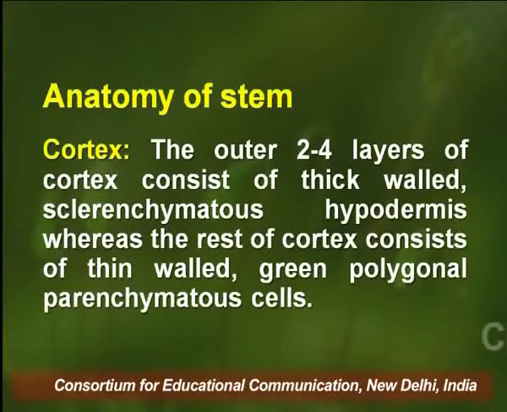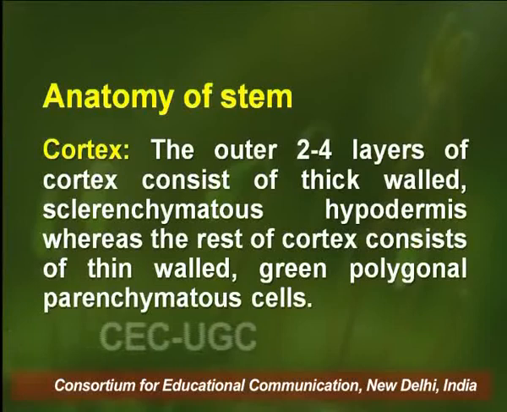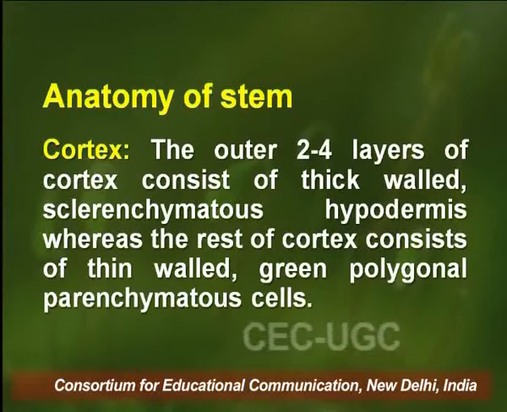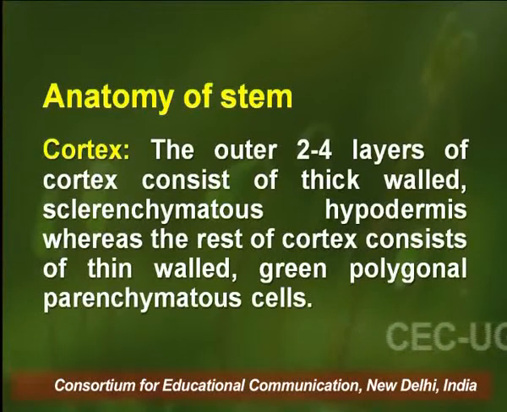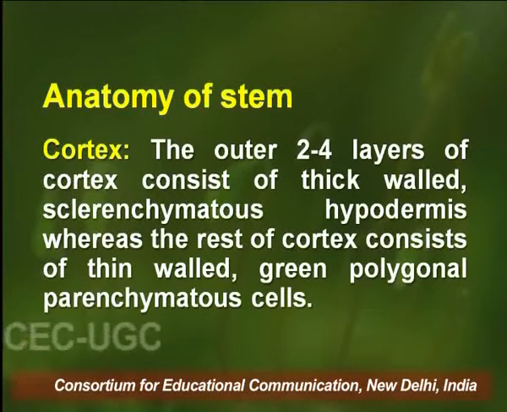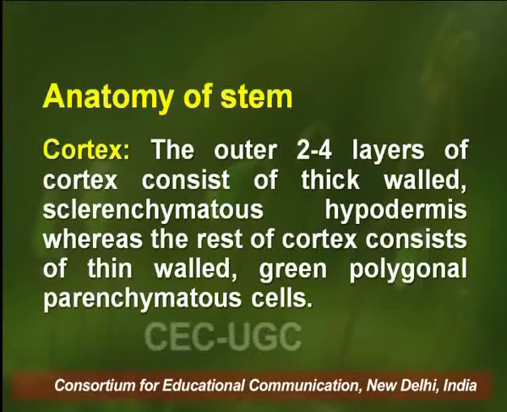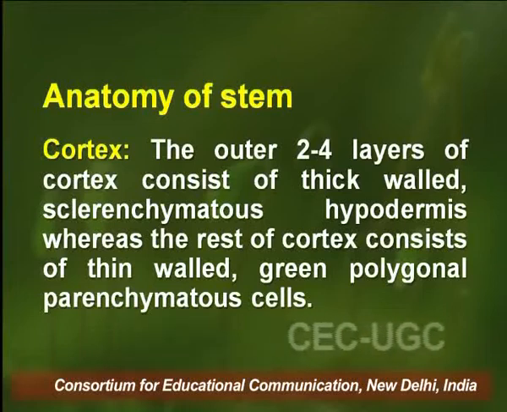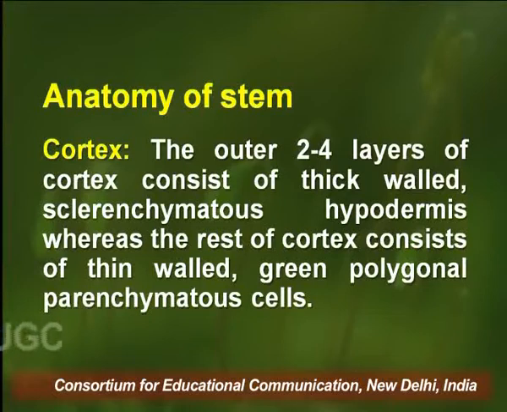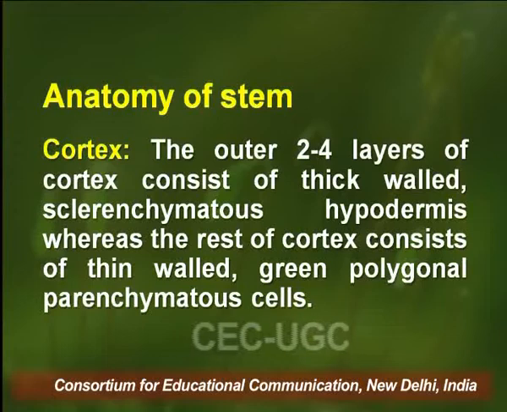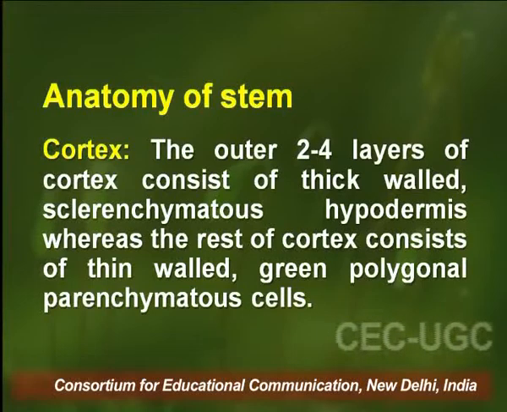Just beneath the epidermis lie multiple layers of cells called the cortex. The outer 2 to 4 layers of cortex consist of thick-walled sclerenchymatous tissue called hypodermis, whereas the rest of the cortex consists of thin-walled green polygonal parenchymatous cells.